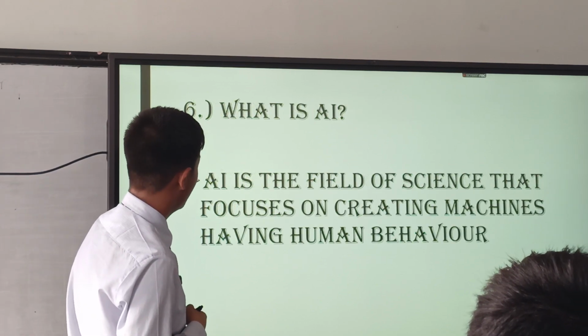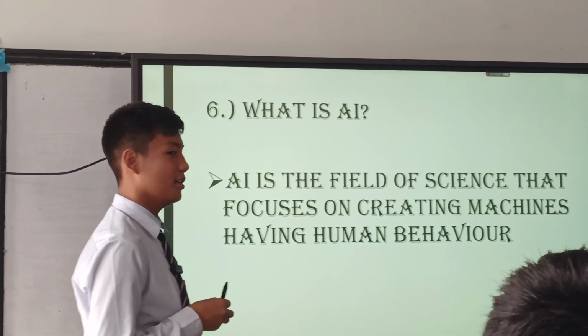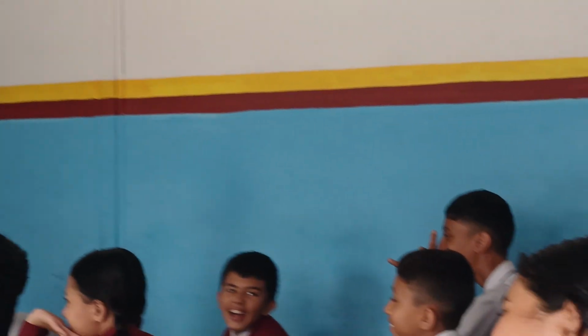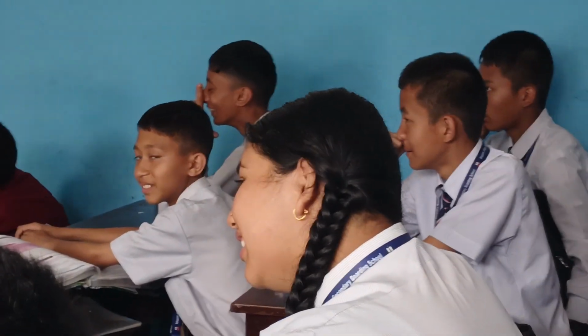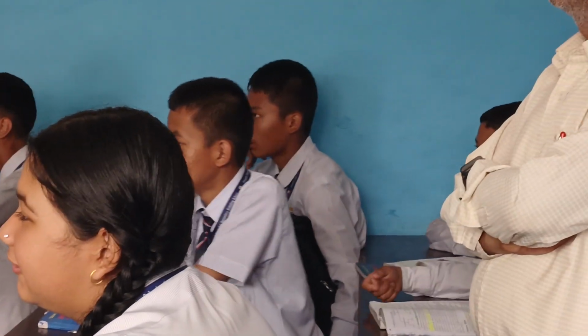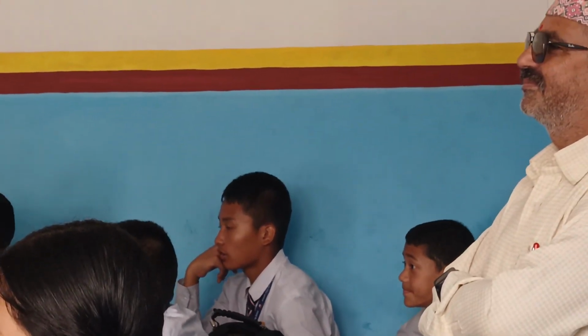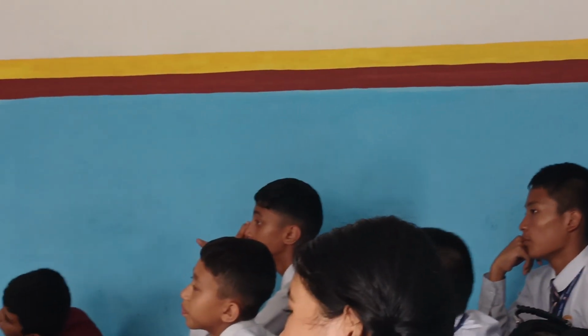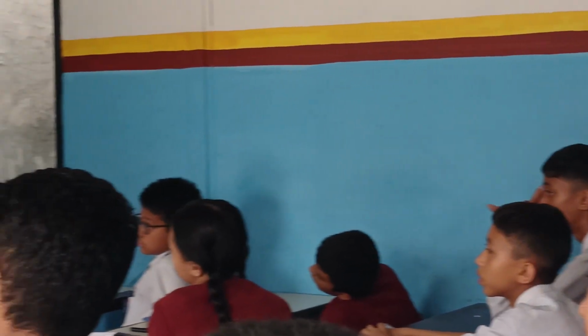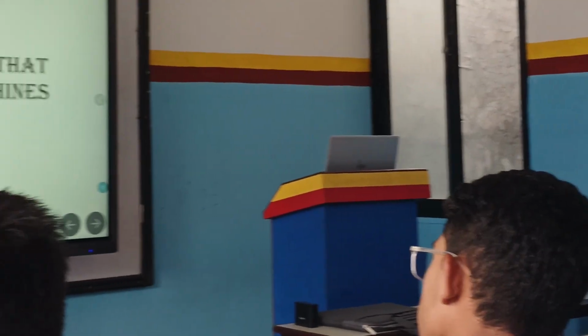What is AI? AI stands for artificial intelligence. It is the field of science that focuses on creating machines having human behavior. We read this in computer last year also.